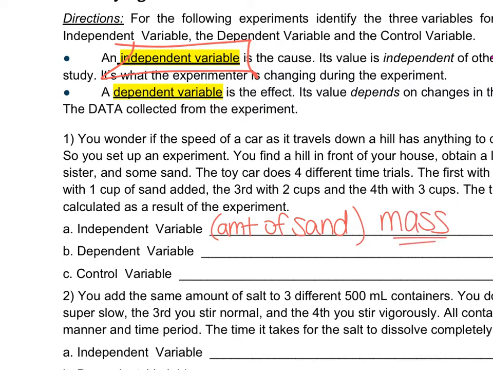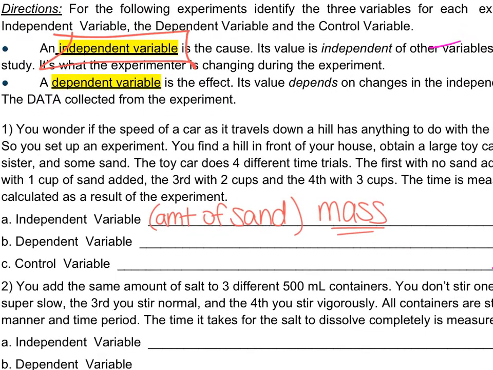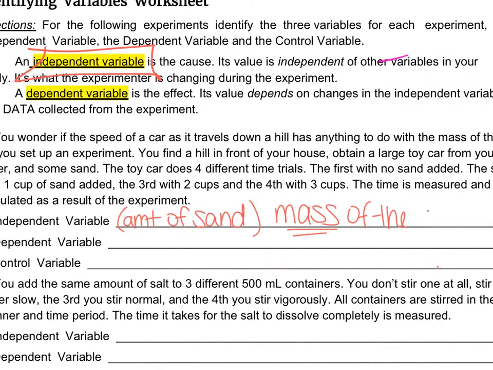Hopefully you guys were thinking mass. So really our independent variable is the mass of the car. Now the dependent variable is what we are going to measure. So again, my group, we were talking and a lot of people pointed out that we are measuring the time. But really we're using that time to calculate the speed of the car.